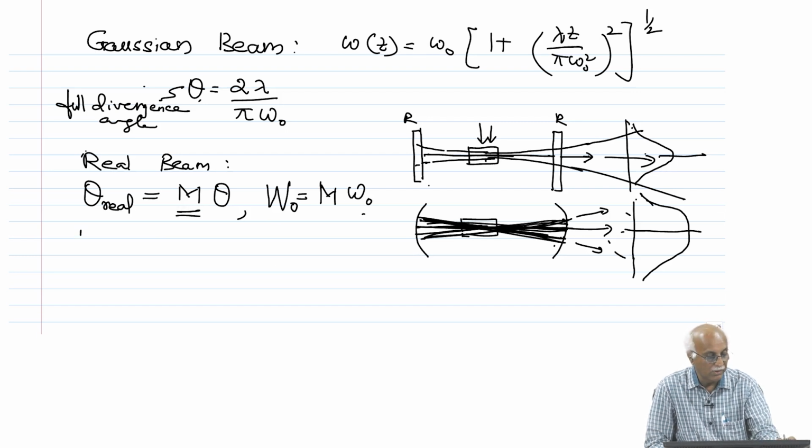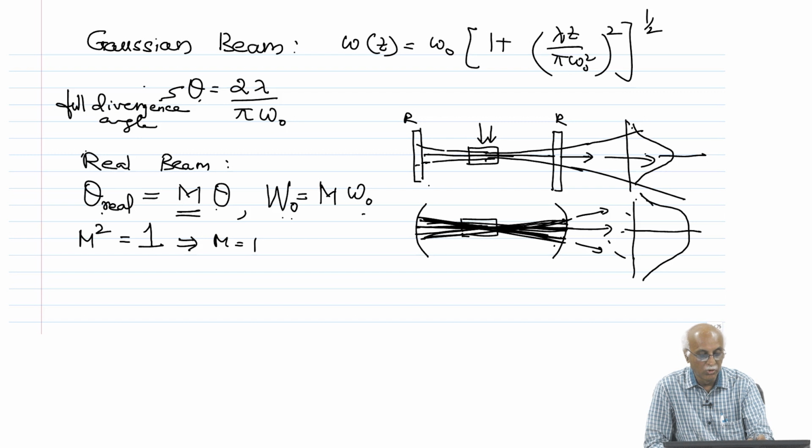What does M represent? Basically there is a factor known as the M square factor. If it is 1, which means M equal to 1, then theta real becomes theta ideal, and w0 will be equal to the ideal beam waist.